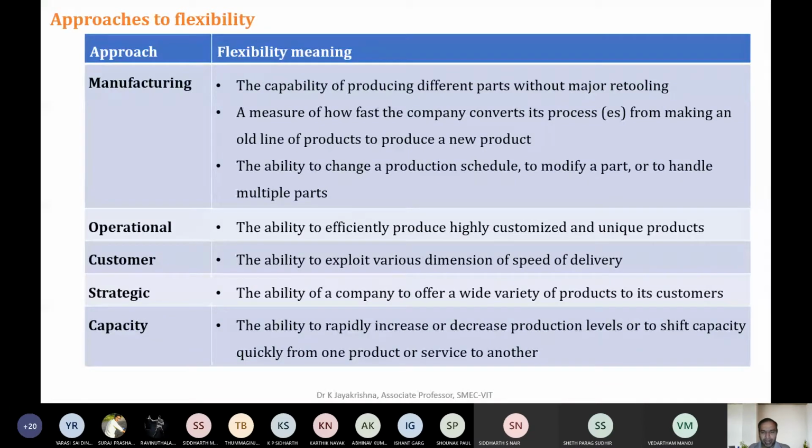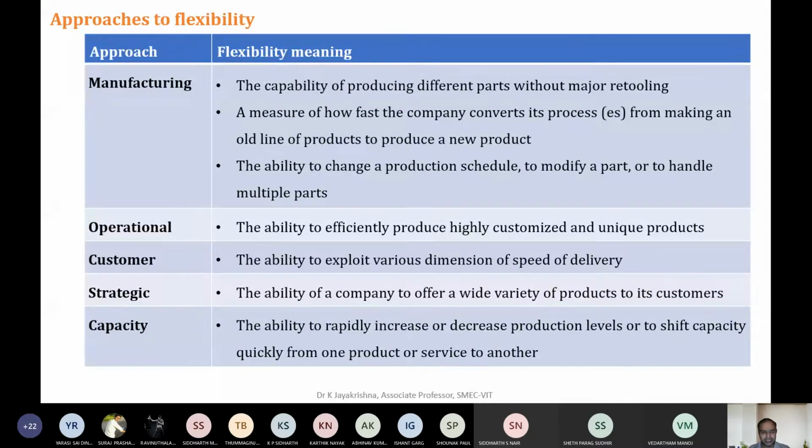Say for example, I have ordered a Toyota Etios, but the production has stopped, whereas someone has ordered an Innova, and someone has ordered a Yaris. Depending upon the number of customers for a particular variant, they have to manufacture that. So the decision making, which product to manufacture first and which product to manufacture second, the flexibility in decision making plays a very important role.